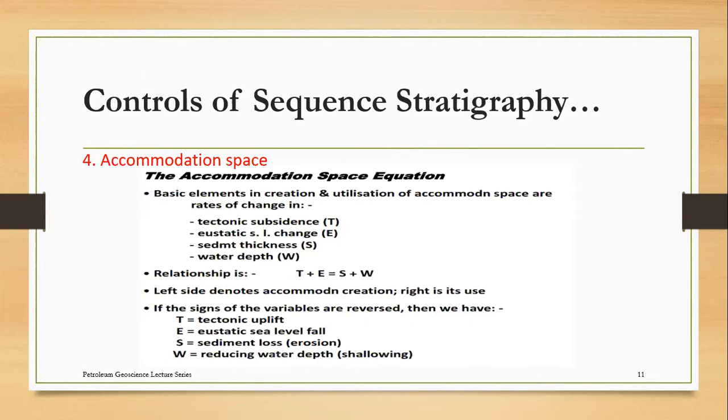I'm trying to relate it with what we know, the creation and usage. Another situation is where the rate at which you're building the houses is higher than the population growth, people that really need to stay in these houses. So you're going to find a lot of houses that are not occupied.